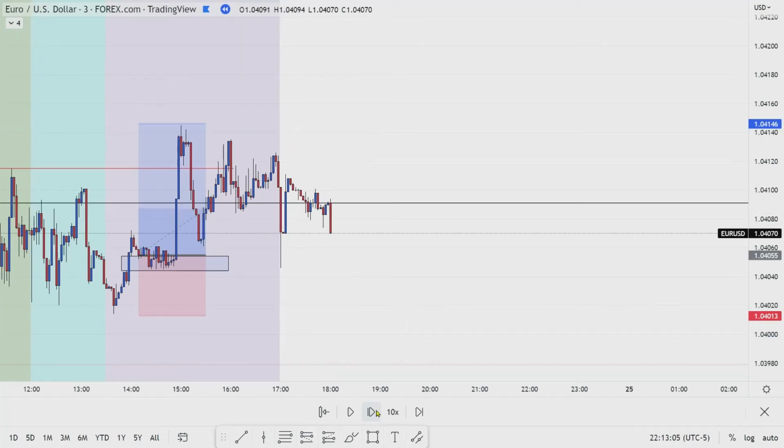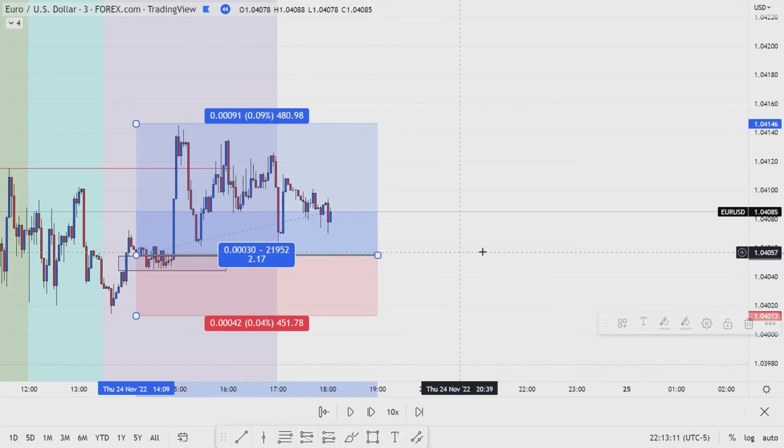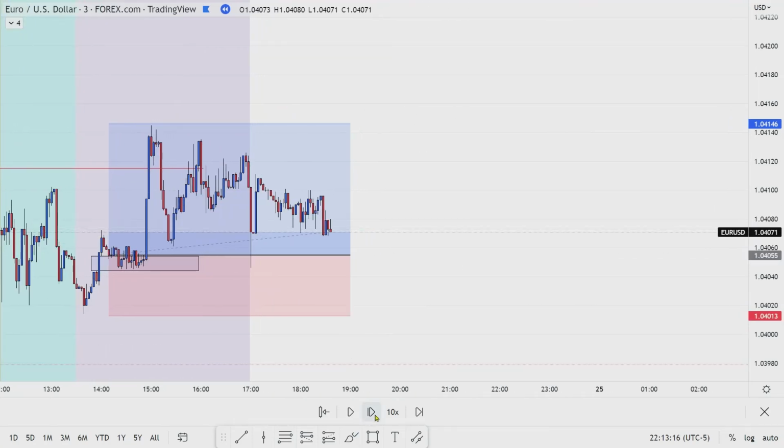But now we're in the Asia session, and this trade is still going. So we're going to see how this plays out.